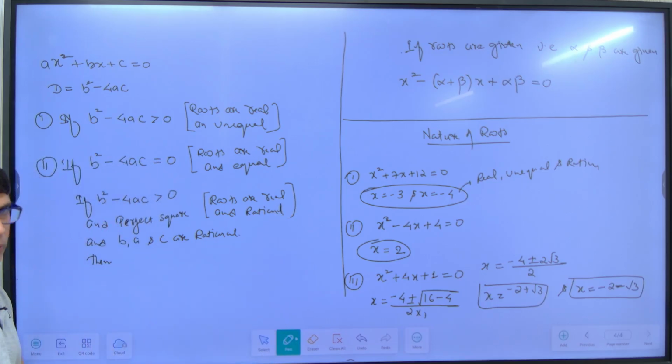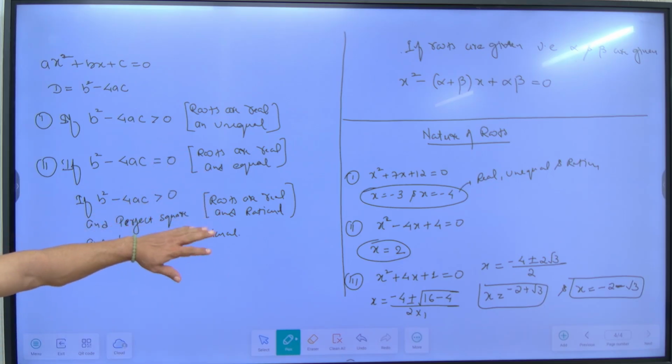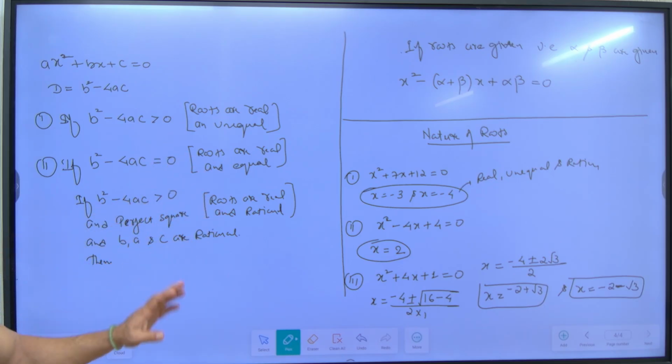Not equal, greater than 0. बी ए सी को रैशनल होना पड़ेगा, रूट वूट कहीं नहीं लगना चाहिए. ये वाला केस, इसकी ज्यादा जरूरत नहीं पड़ती, I am just writing it. If it is not a perfect square, then it has to be rational.